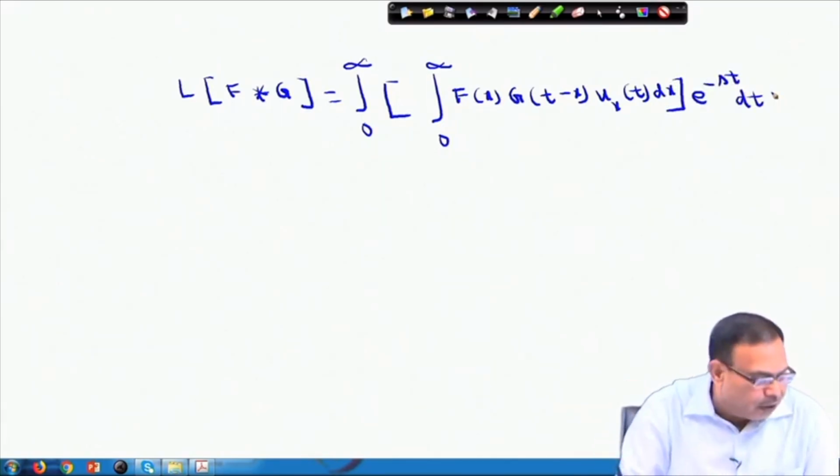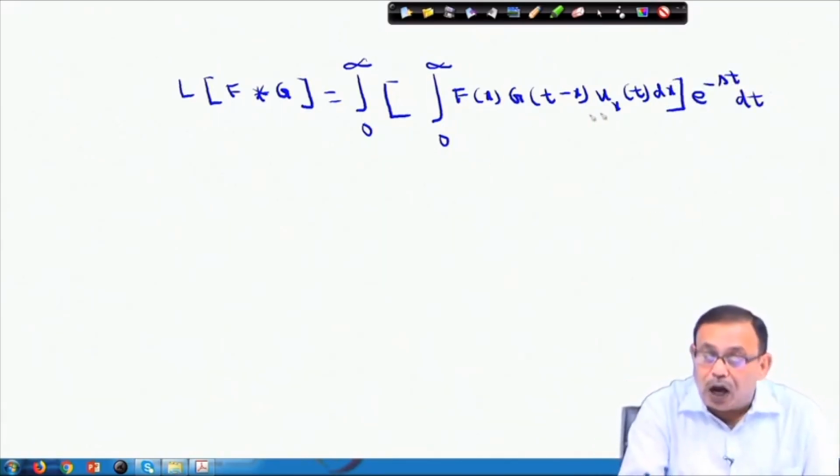I am getting this. So, I could change 0 to t into 0 to infinity only by introducing this function u(x, t). Otherwise, I cannot write the 0 to t integration as 0 to infinity. Please note this one.